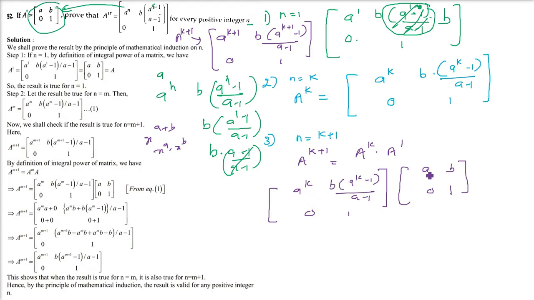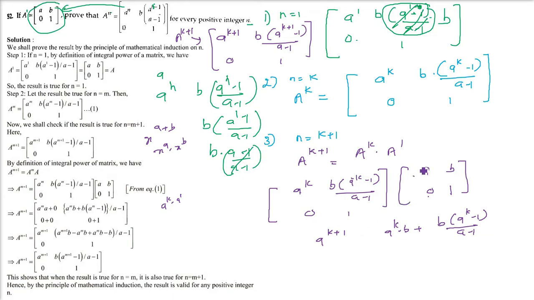So a raised k into a raised 1 is a raised k plus 1. This row and this column: whatever is multiplied with b, 0 will be 0. Now this row again with this column, so a raised k into b plus this same thing because it is multiplied by 1: a to the power k minus 1 divided by a minus 1.